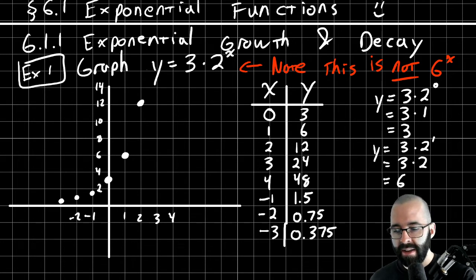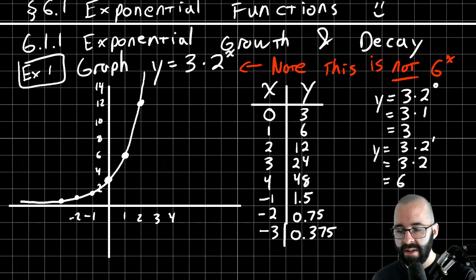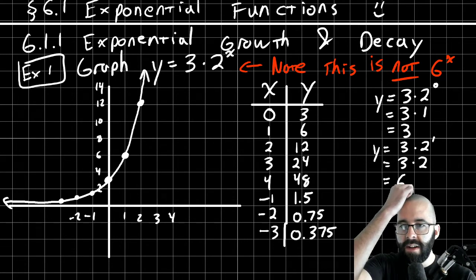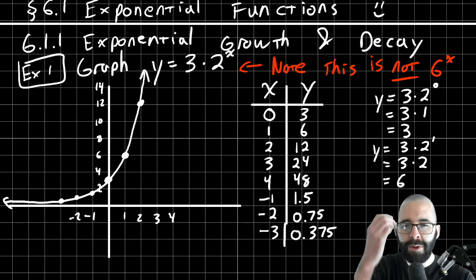But either way, at the end of the day, you connect these points. If you connect these points, we keep on to the left, keep on cutting our thing in half. We get closer and closer to a y value of 0, but we never quite hit it because we keep cutting it in half.